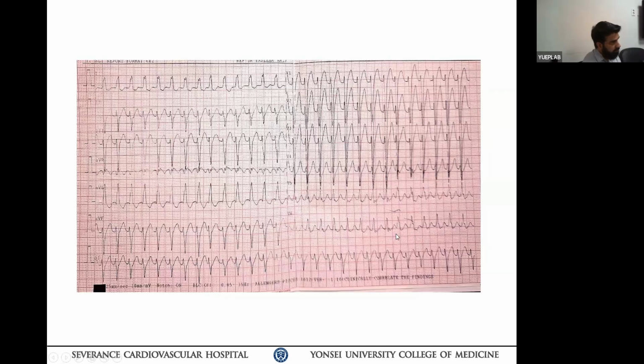So if there's AV dissociation or VA dissociation, are you sure it is 100% VT? Not 100%. What is the exceptional case, where you see the VA dissociation but it is not VT? Of course, the probability of VT is higher.